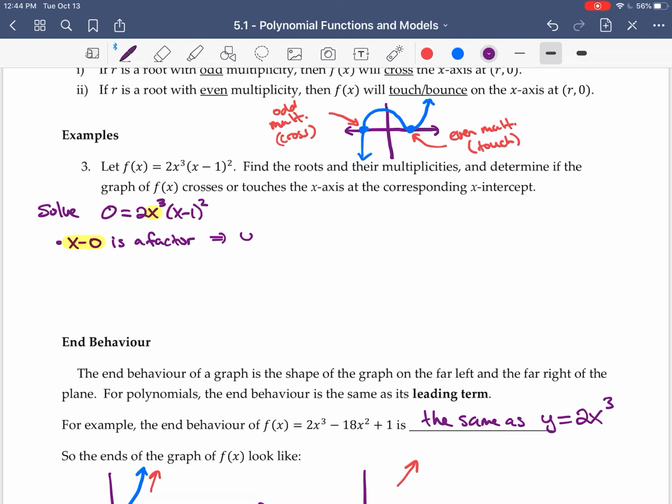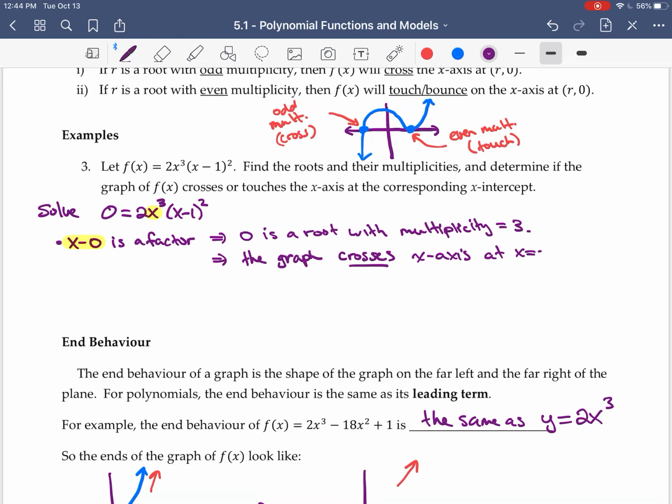That means that 0 is a root, and it has multiplicity equal to 3 because that's the exponent on the x on that factor. Now multiplicity 3 means that, because it's an odd multiplicity, the graph is going to cross the x-axis at x equals 0.